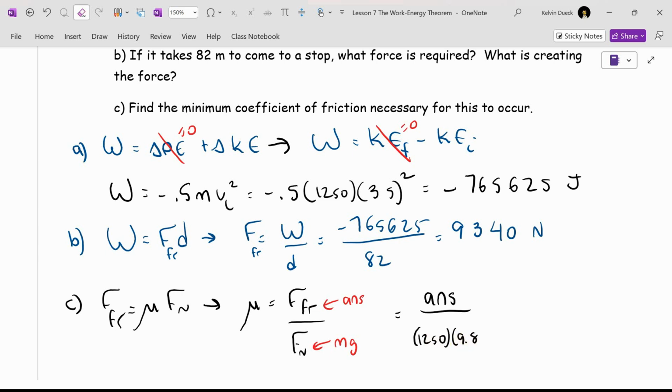What was g? 9.8. What kind of a coefficient of friction between the tires and the road do we need to make this work? 0.76, which is pretty high. Is that right, folks?